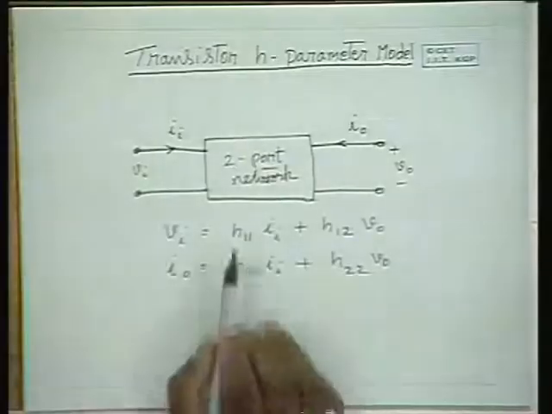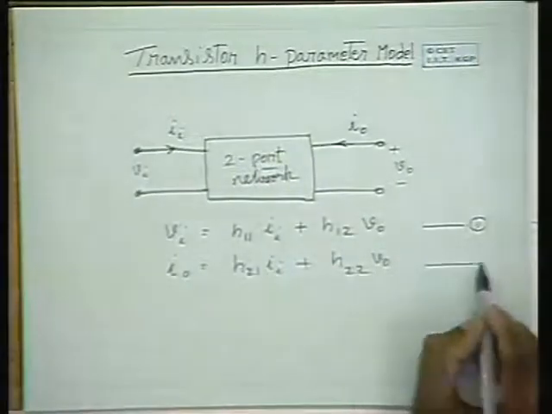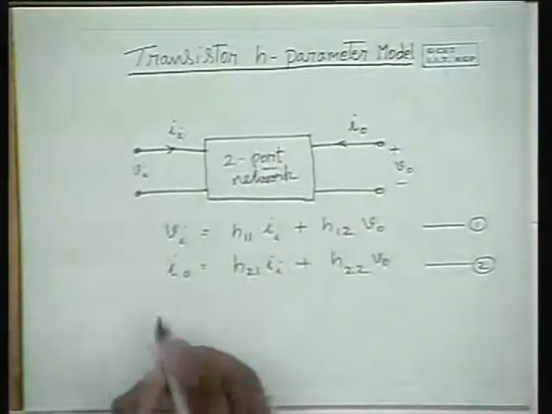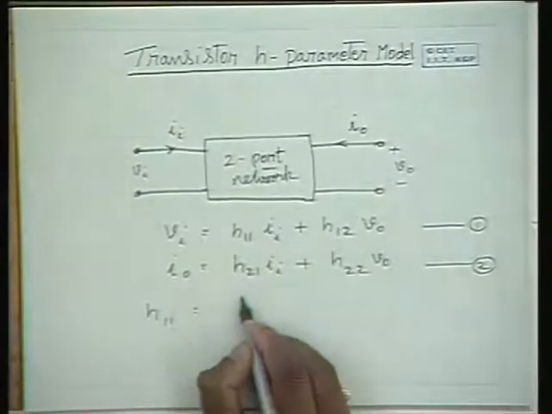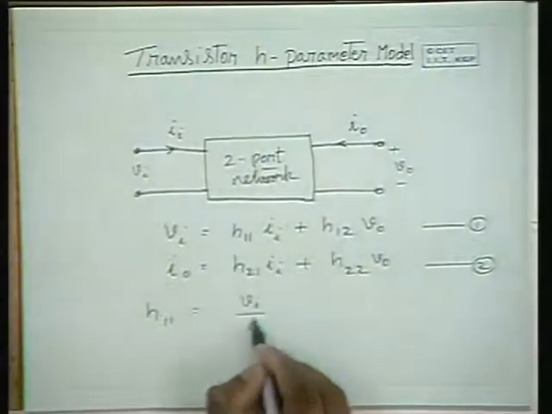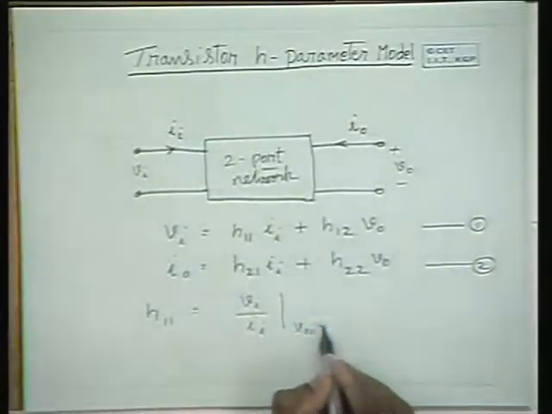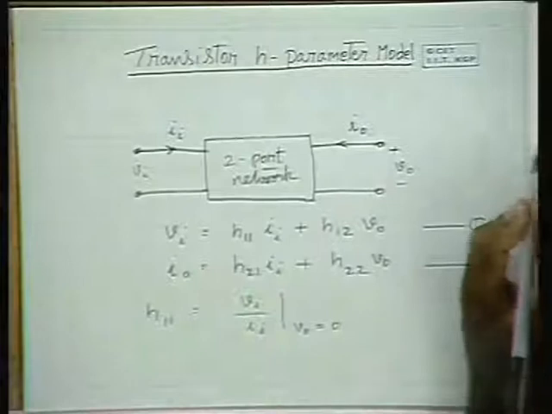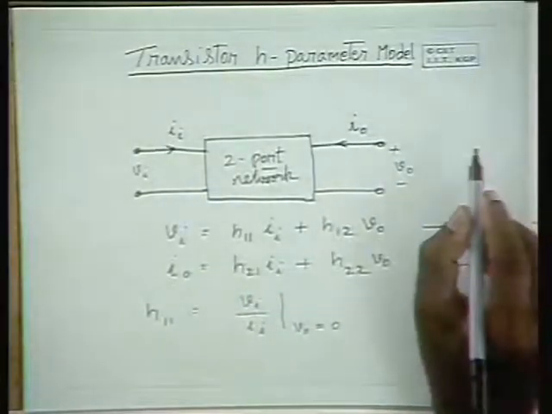Now look at the first equation here. What is H11? H11 is Vi by Ii when V0 is 0. When do you get V0 as 0?